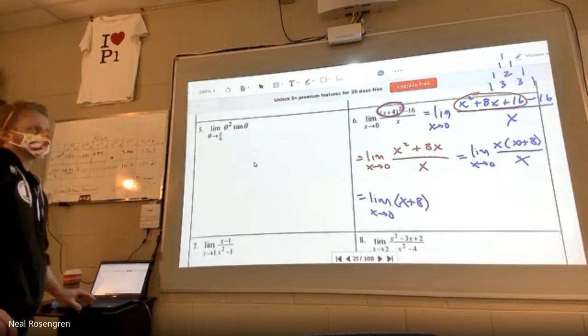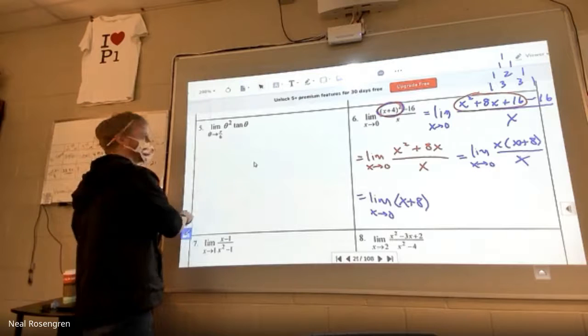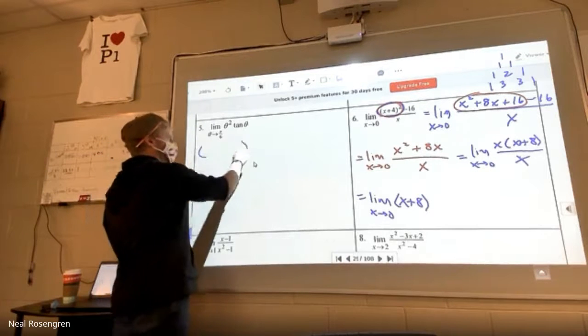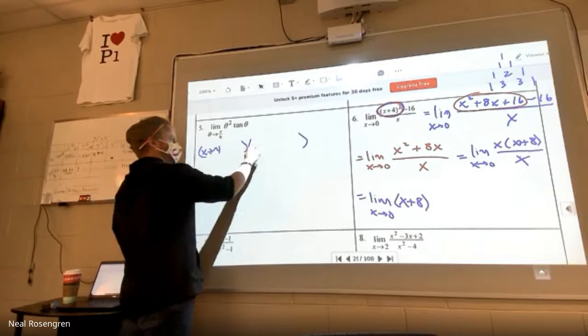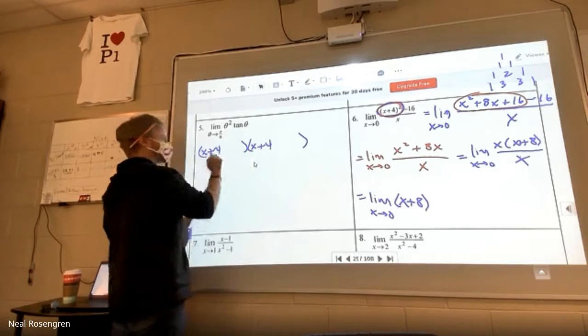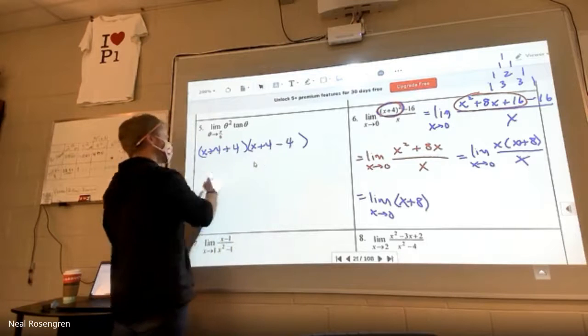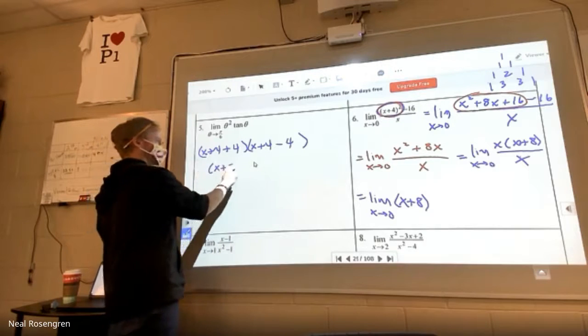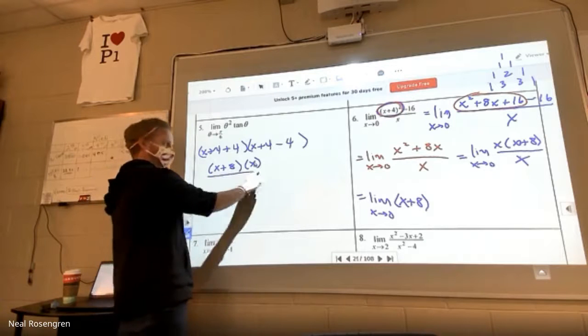That looks better. So it is the difference of two squares. If you saw it, two sets of parentheses. Square root of the first one goes first, so x plus 4. Square root of the second one goes second, 4. One's a plus, one's a minus. So you end up getting x plus 8 and x over x.